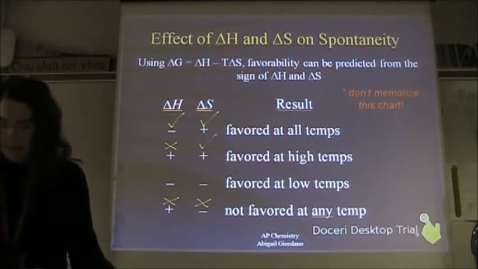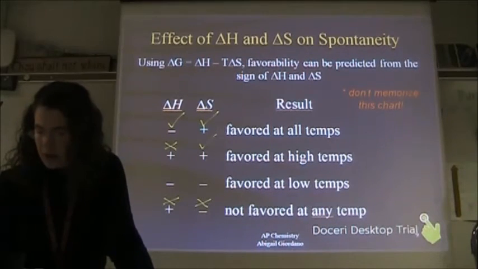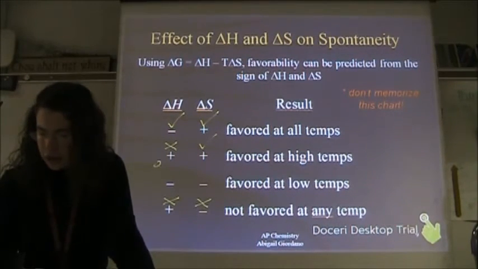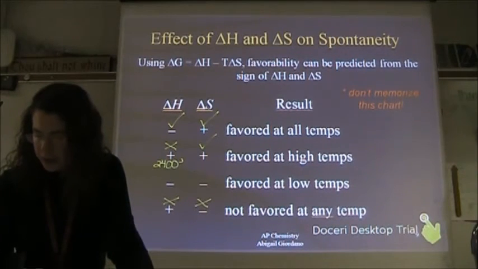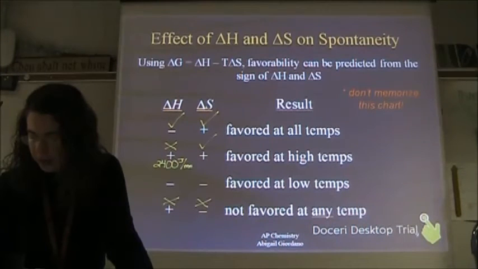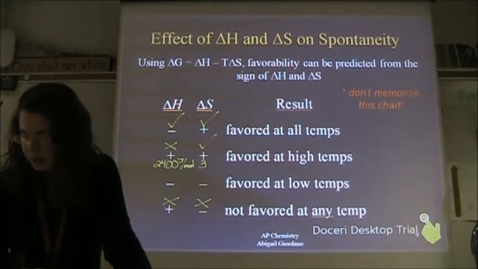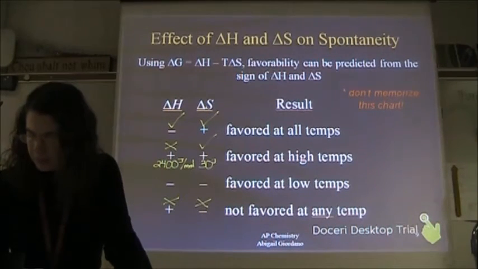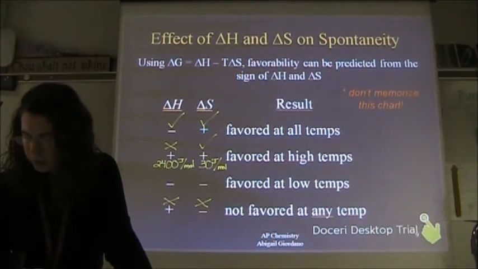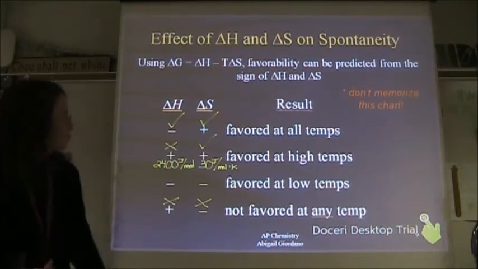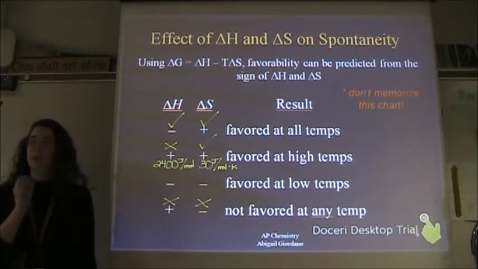Let's say that the delta H is 2,400 joules per mole, and the delta S is 30 joules per mole Kelvin. Okay, they're both positive numbers.